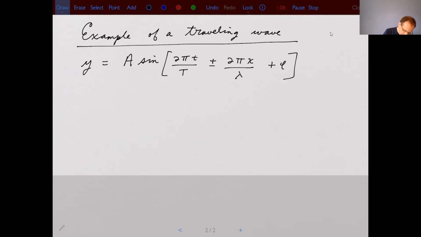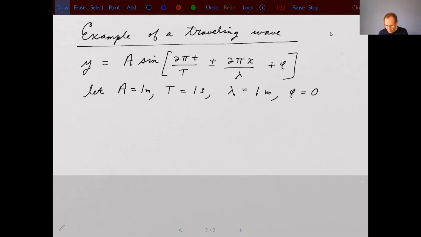So let's let the amplitude equal 1 meter. The period is, say, 1 second. Lambda is also, say, 1 meter. And then let's say the phase angle is 0.